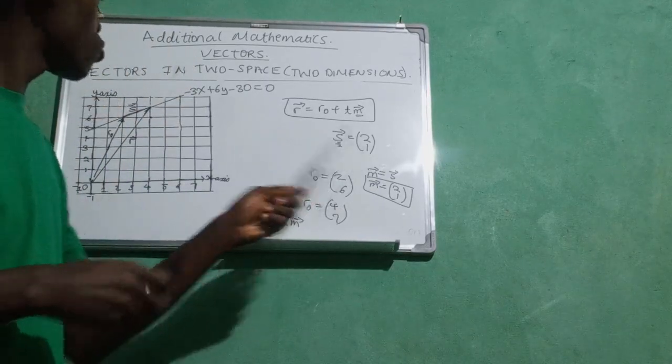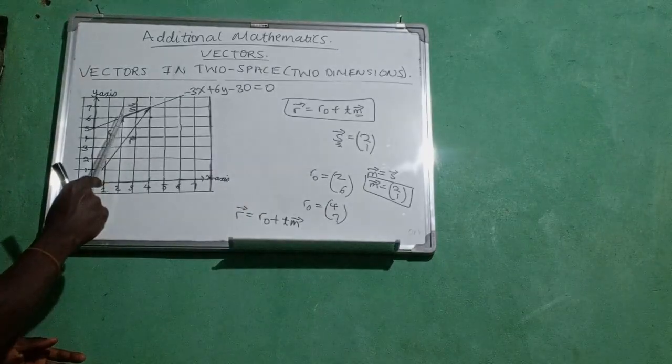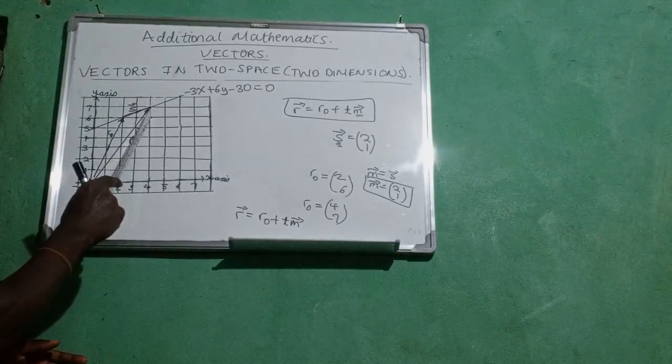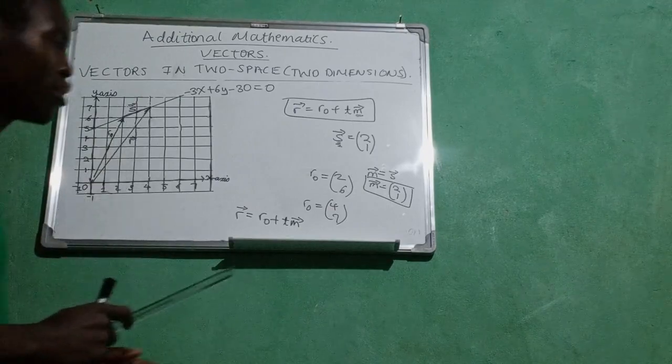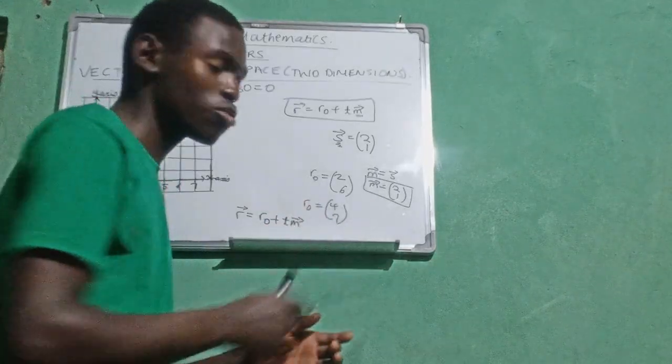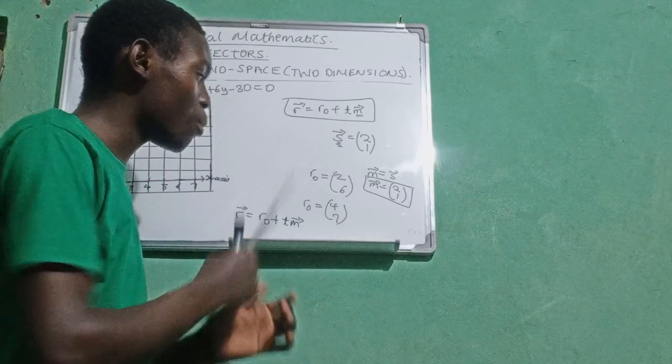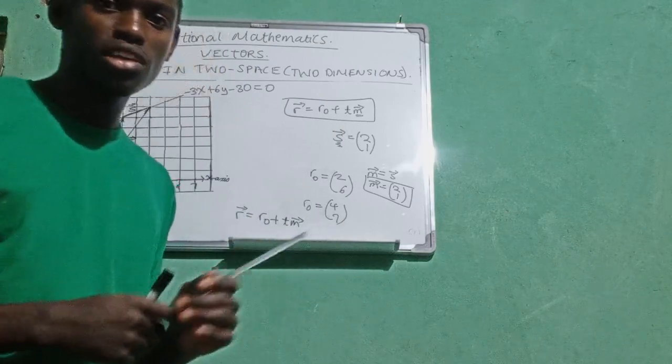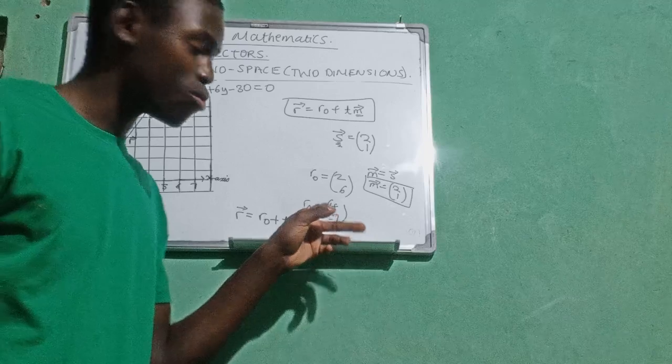Our s was 2, 1, and m was also 2, 1. R naught was 2, 6 that we used. But we said let's think of another position vector, 4, 7.